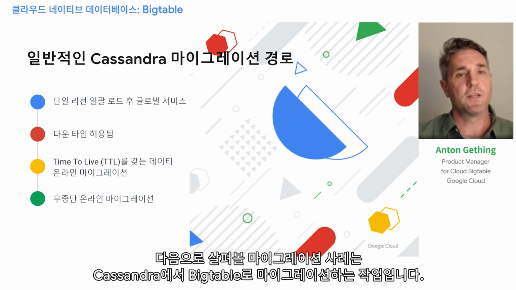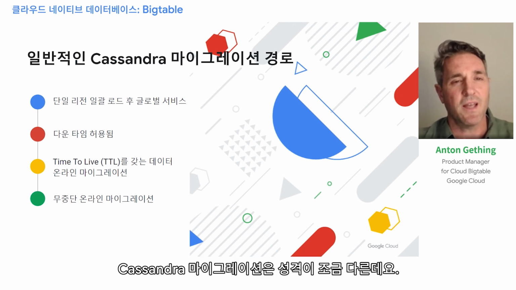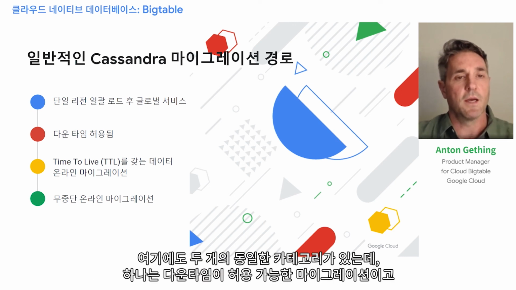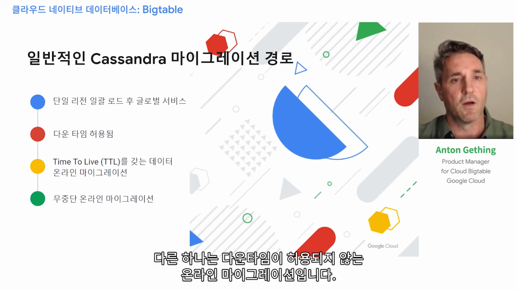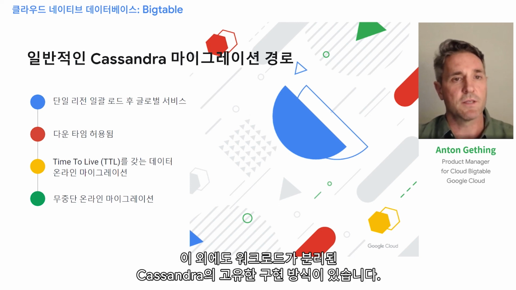The next migration to talk about is a Cassandra to Bigtable migration. Cassandra migrations are a little bit different. They have two of the same categories, one where downtime is acceptable, another where online migration is necessary and no downtime is accepted. In addition to that, there are some other unique implementations of Cassandra where you've got a split workload.